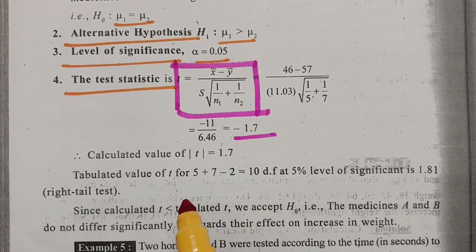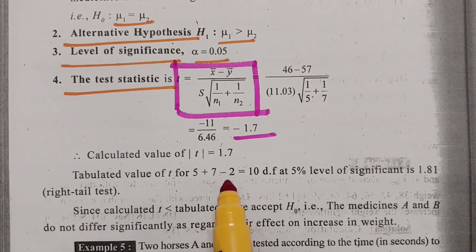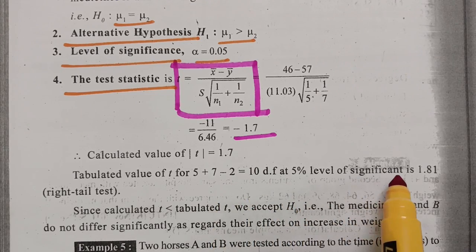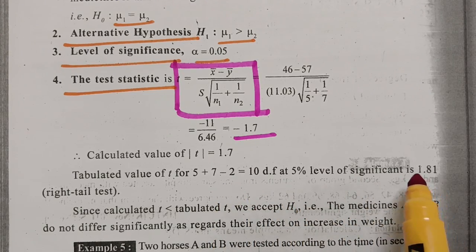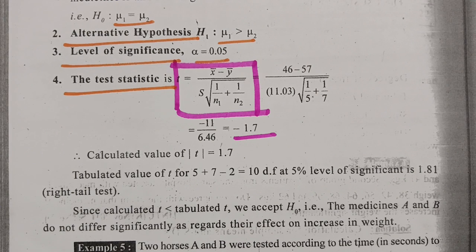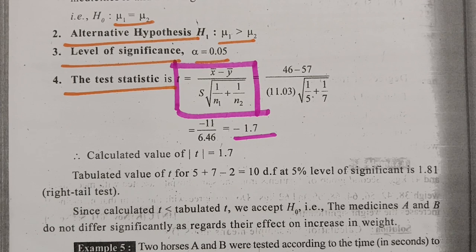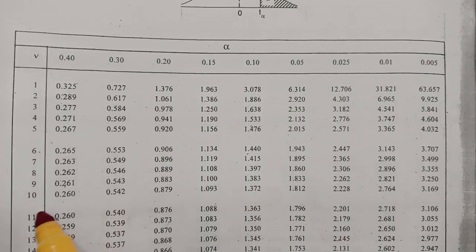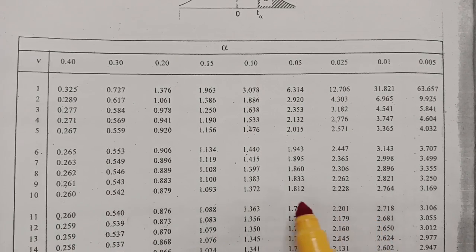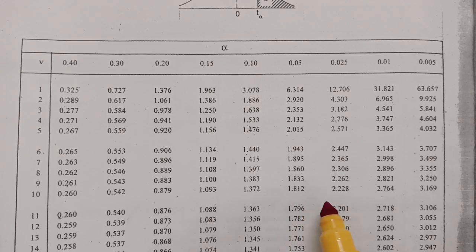The tabular value: the degrees of freedom is n1 plus n2 minus 2, which is equal to 10. At 5% level of significance for 10, the value here is given as 1.81. See, for degrees of freedom 10, the value here is 1.812.